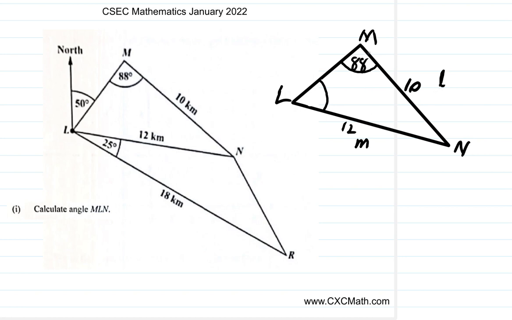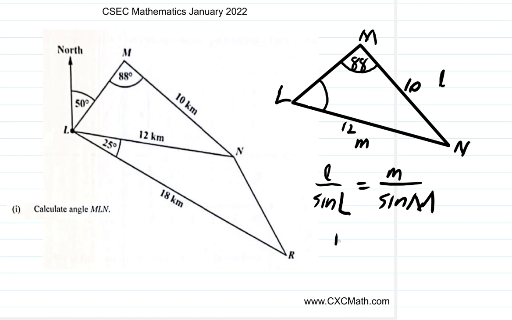This angle is uppercase M, this side is lowercase m. So how the sine rule would apply here is that side l over the sine of angle L equals side m over the sine of angle M. Alright?